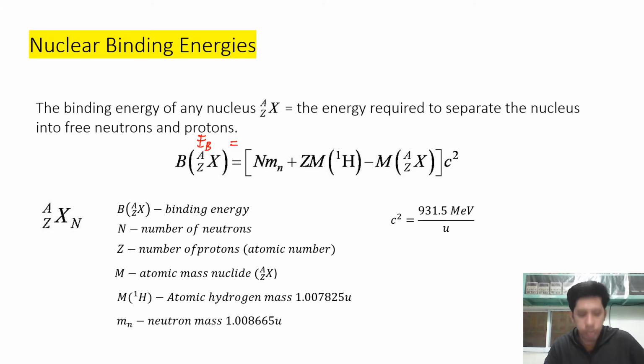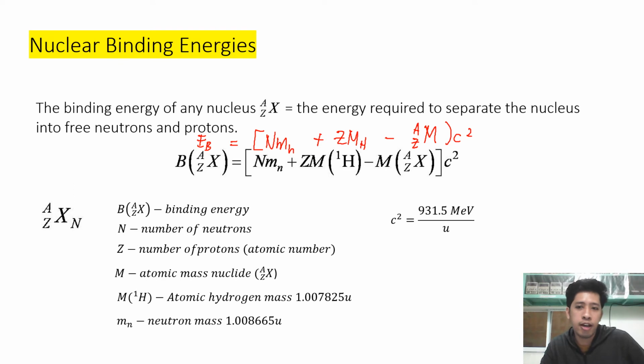Your binding energy EB is equal to your N, the mass of your neutron, plus your Z, the mass of your atomic hydrogen, minus the mass of your nuclide, your AZM, and then times c squared.